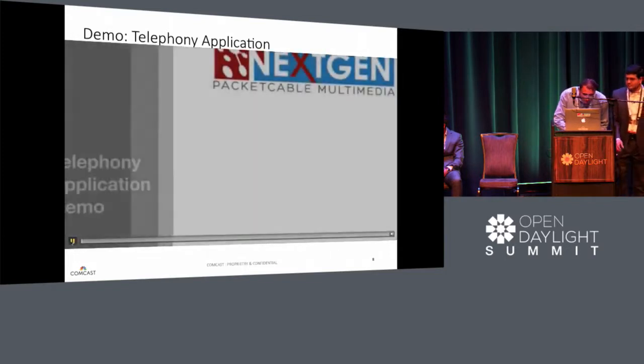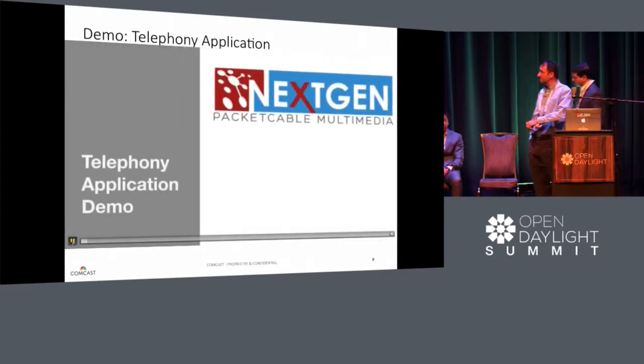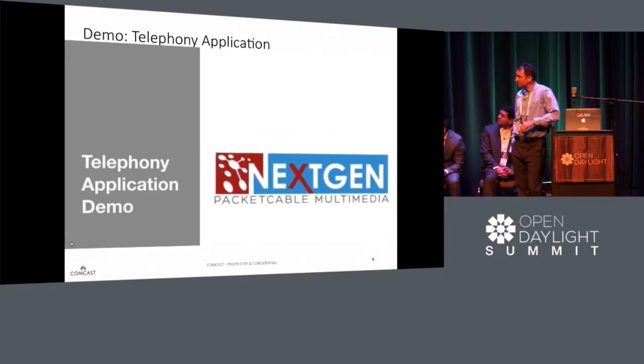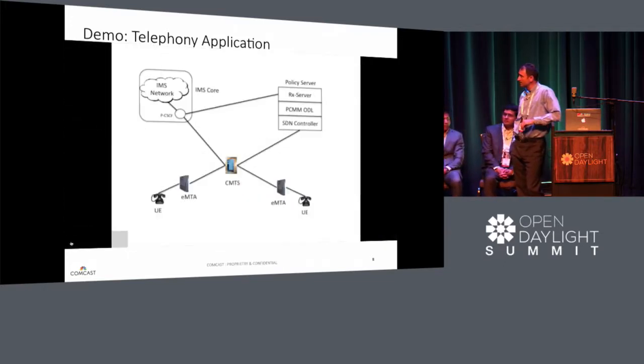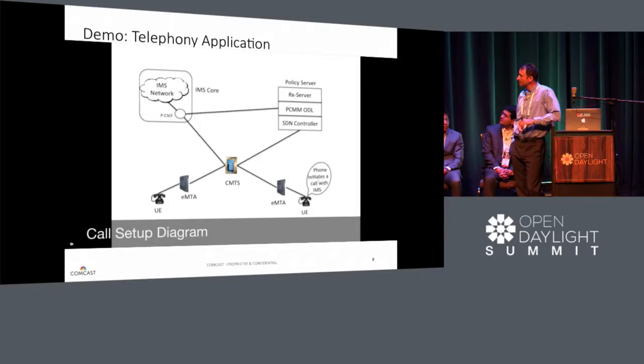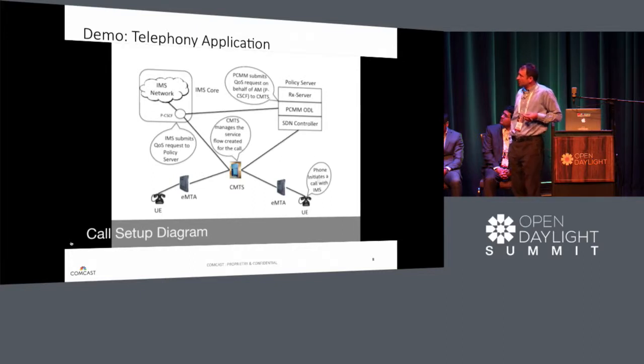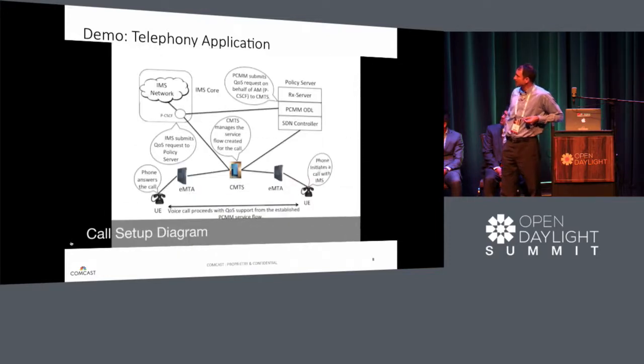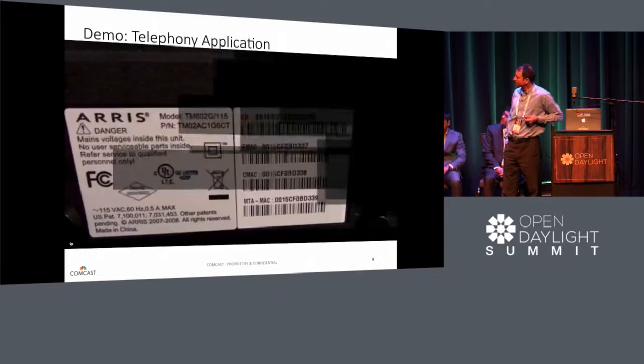All right. So this is a pre-recorded live demo we had in our Comcast lab using actual physical network elements and phones. Following is a complete diagram of the network components involved and the events as they happen while making the call and initiating the actual quality of service, and termination also.